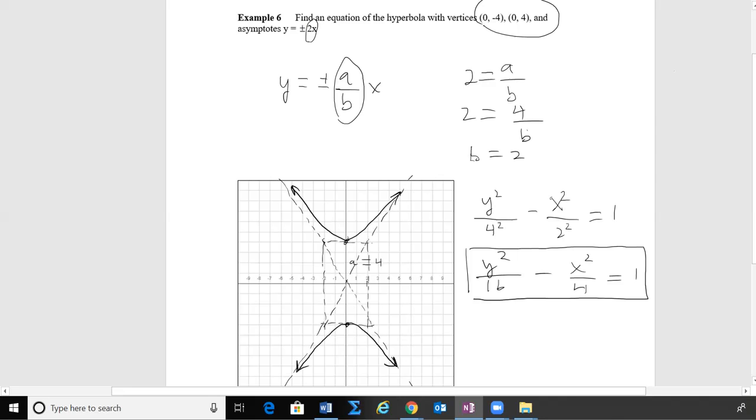And that's out like that. Okay. So that's, I think, all we're going to do on this one.